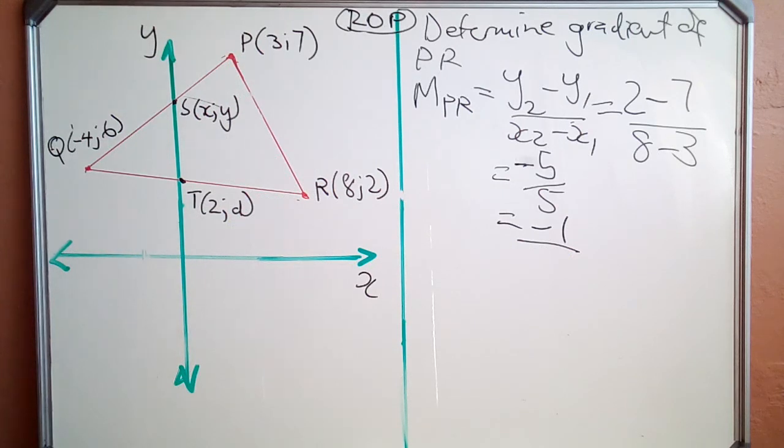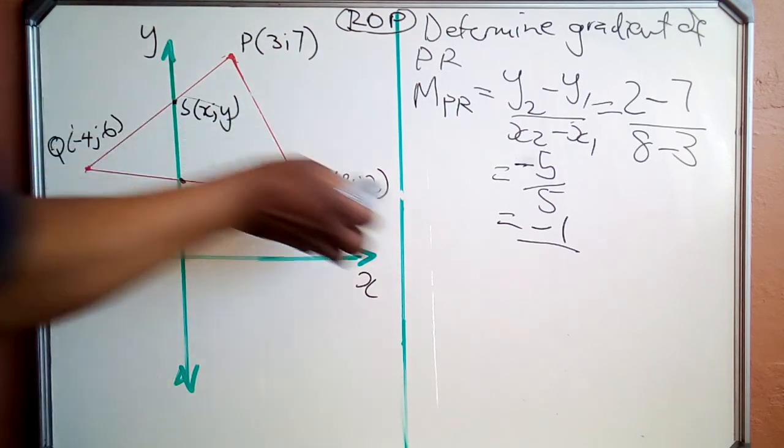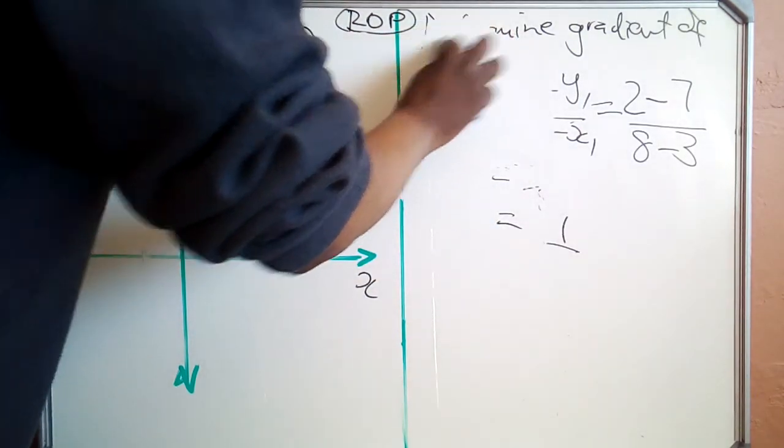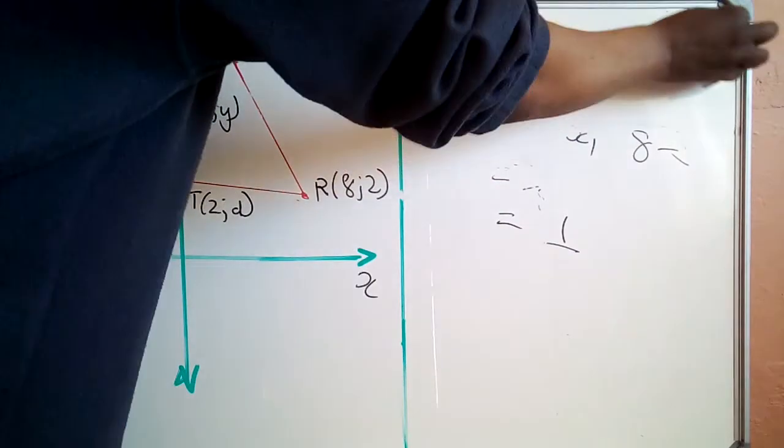The second question now says determine the equation of the straight line passing through PR. Now that we've found the gradient, we will use this gradient to determine the equation of the line. Let's just clean that part.